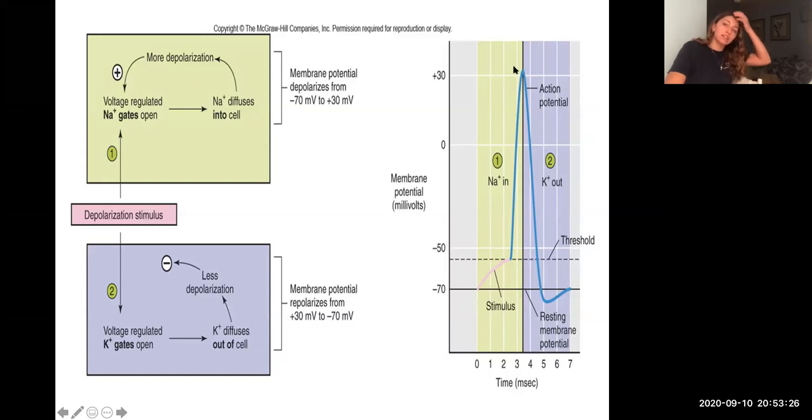Then at this point at the top of the graph, at +30, the sodium channel will become inactive, which means the ball just goes into the hole.